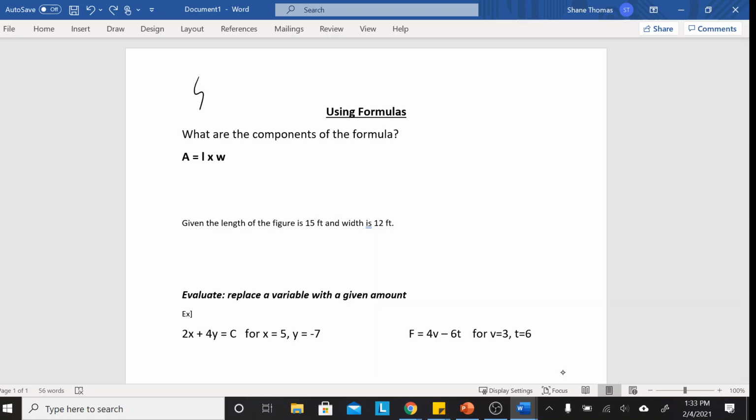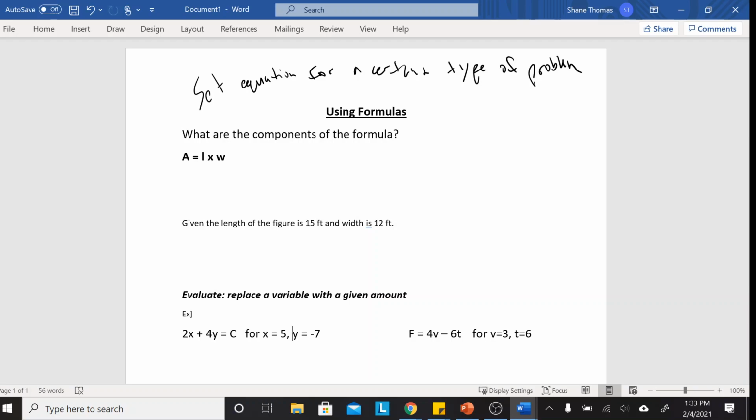So we'll use that. It's a set equation for a certain type of problem. And I wrote down there one of the most common ones, okay? One of the most common ones, area is length times width.